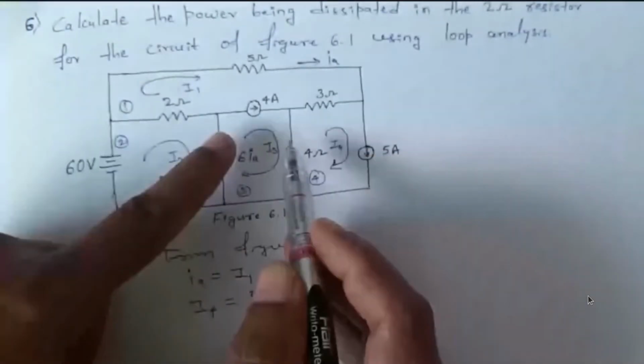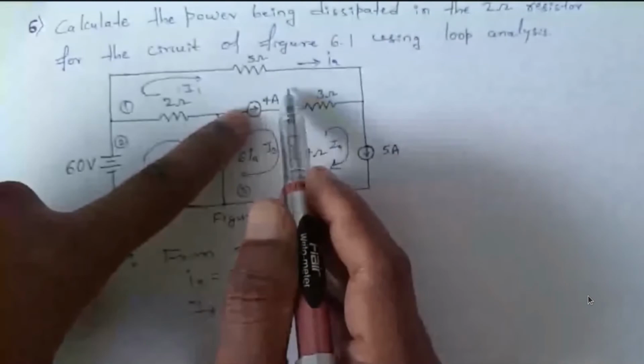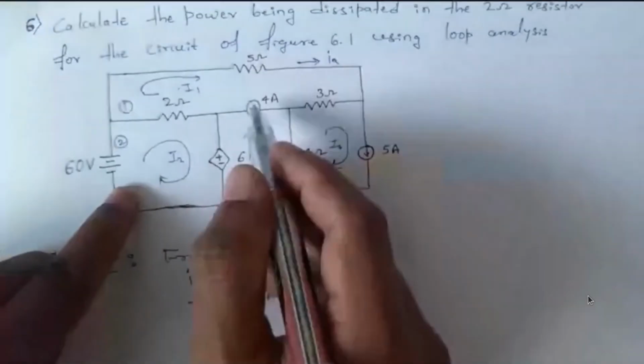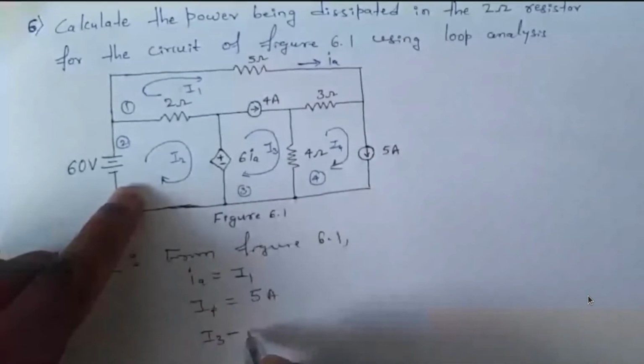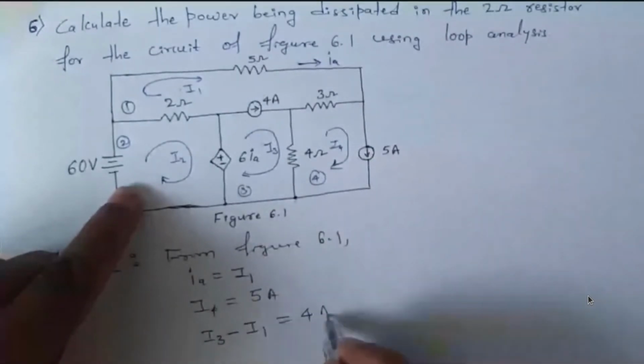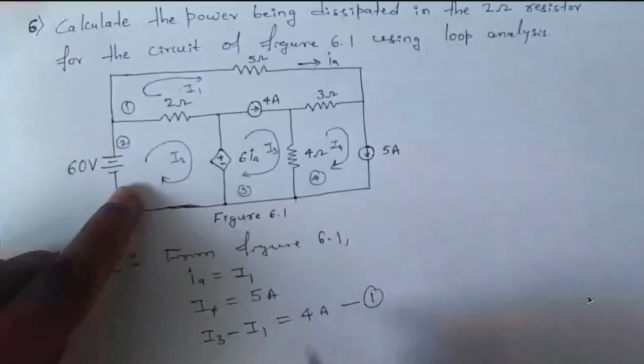In this branch, both currents are coming. In this loop, if you see I1, I3, because I1 is opposite, I3 minus I1 is equal to 4 ampere, not milli, 4 ampere. This I call equation 1. Hope this is clear to all of you.